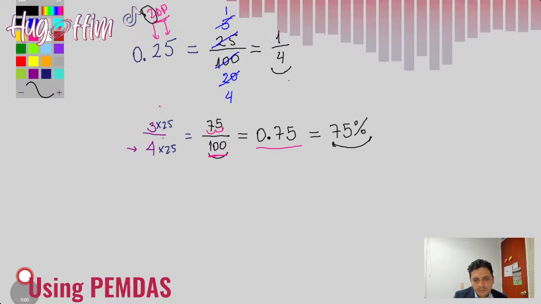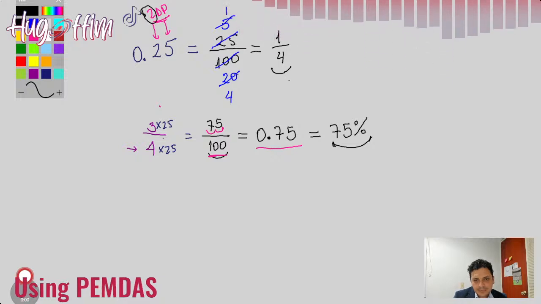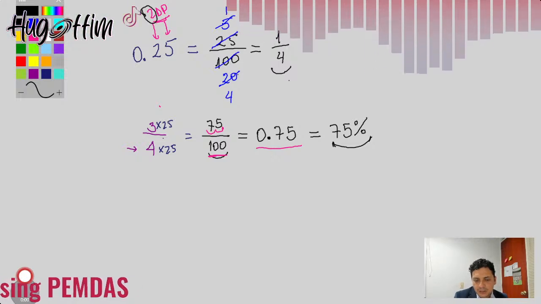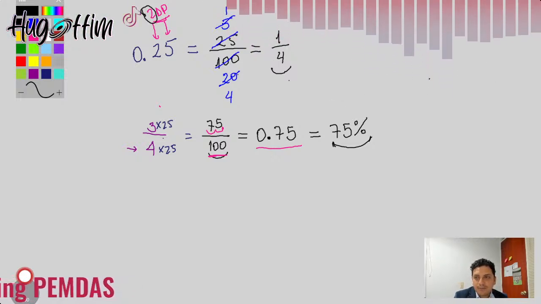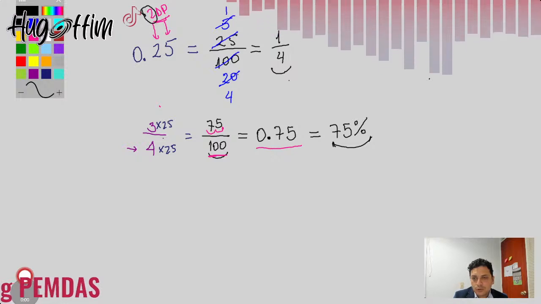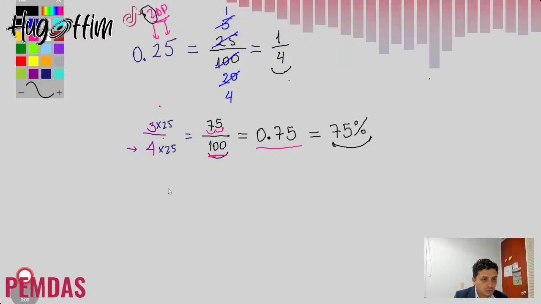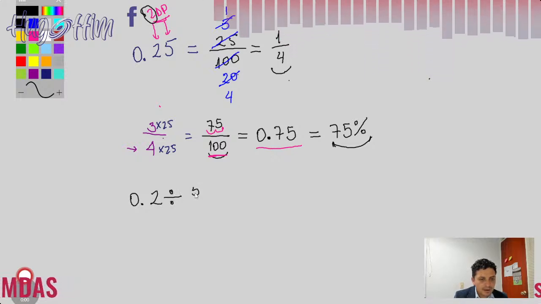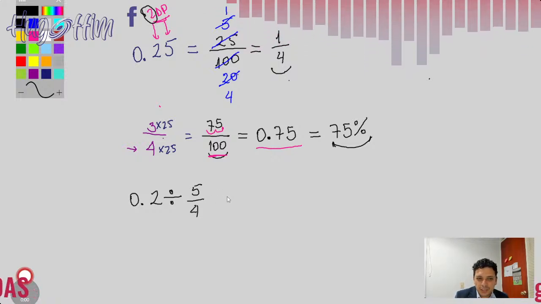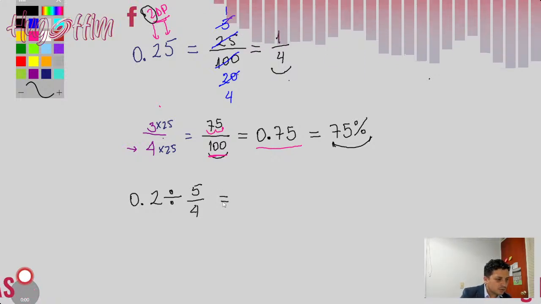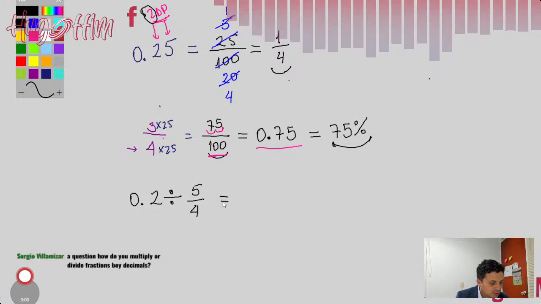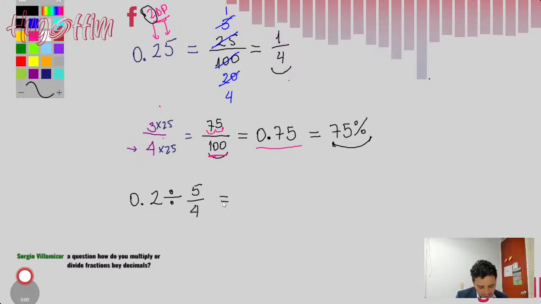So following these ideas, let's start with this division, 0.2 divided by 5 quarters. I suggest you try to do it. How do you multiply or divide fractions by decimals? This is what we're going to do now.